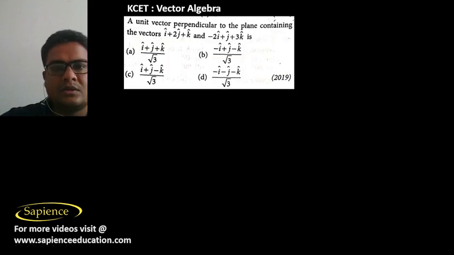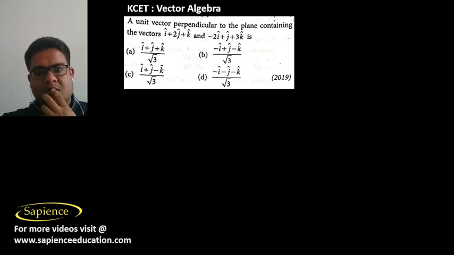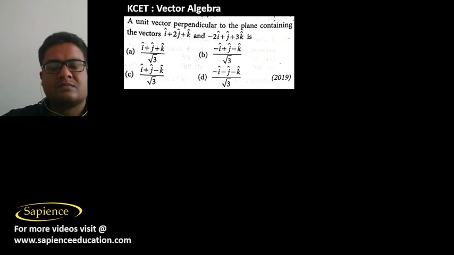Unit vector perpendicular to the plane containing the vectors I cap plus 2j cap plus k cap and minus 2 I cap plus j cap plus 3k cap is... a unit vector perpendicular to the plane containing the vectors a and b.